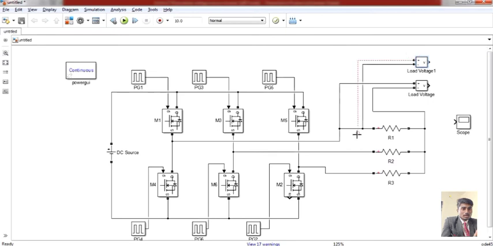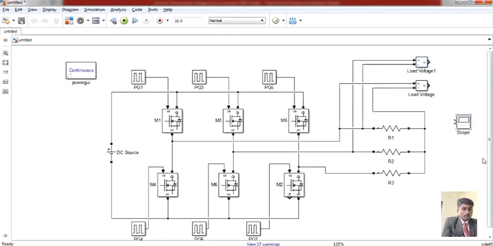So then we need to trigger the gate pulses with the sequence for 3-phase output. We arrange the gate pulses in the sequence 1 3 5 2 6 4, and we will get the outputs.